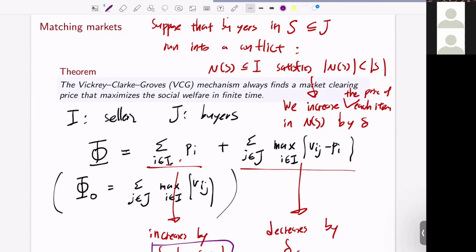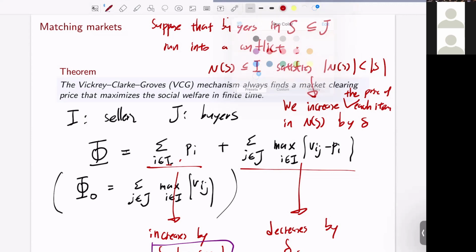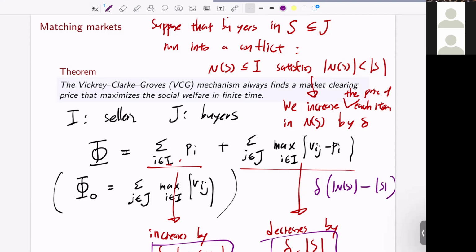But for the buyers, because we are increasing the prices of items, the profit will go down, and the amount goes down by the size of S. So the total change is delta times N of S minus S. So this is the total change.